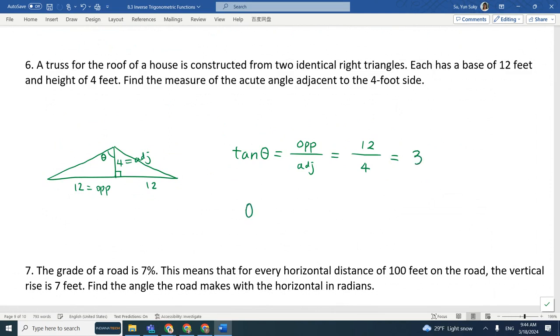And now theta equals arctangent of 3. Let's also use radian mode. What is arctangent of 3? 1.2490. Okay, good. So put the 0 there, then I know it's 4 decimal places. Good. Okay, so any question about number 6?